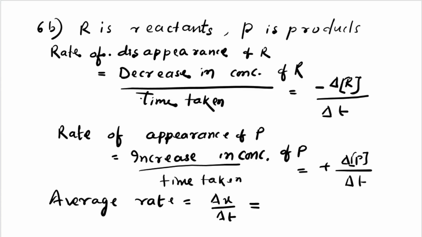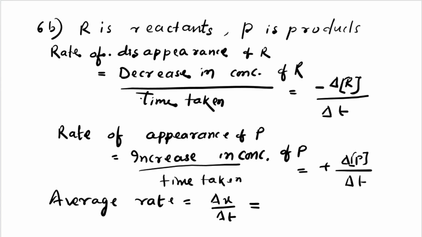So the rate of disappearance of R is the decrease in concentration of R divided by time taken.